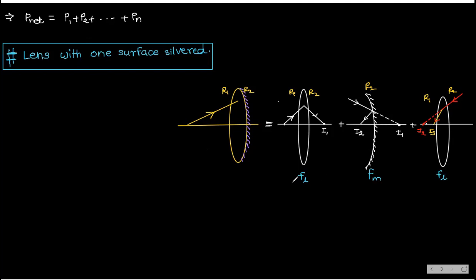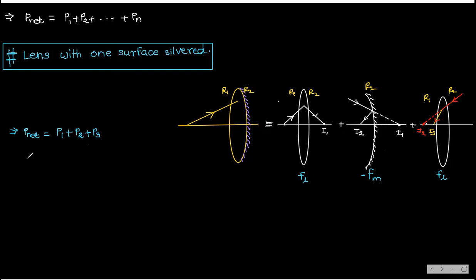It is positive. This is positive, but this is negative. Which one? For concave mirror, because focus is this side. So it is minus. So now, if I want net power of this structure, P net is equal to what is the formula? P1 plus P2 plus P3, because we have three things.